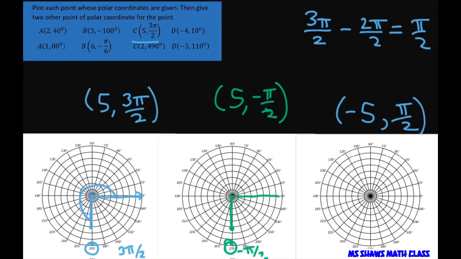So pi over 2 is right here. So if you did pi over 2, that would be 1, 2, 3, 4, 5. But we have to do negative 5 to make it 2 other points for the same one. So you just go to the opposite direction.